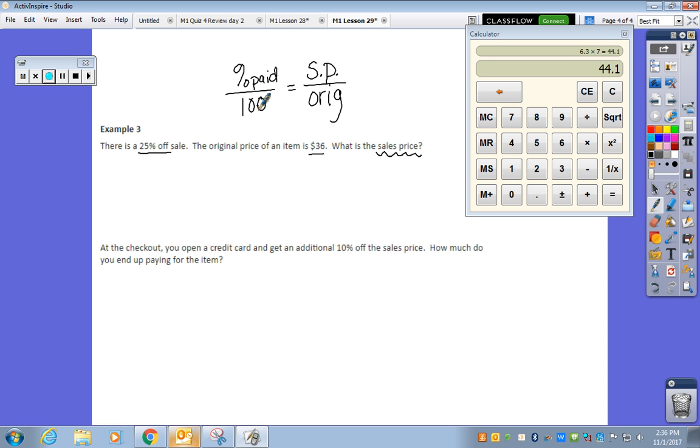So now if you look, in order to get the sales price from this problem, I would need my percent paid. And I don't have the percent paid in the problem, I have the percent off. Very easily I can find the percent paid by taking my 100% total, subtracting the percent off, and that will leave me with the percent I'm actually paying for the item.